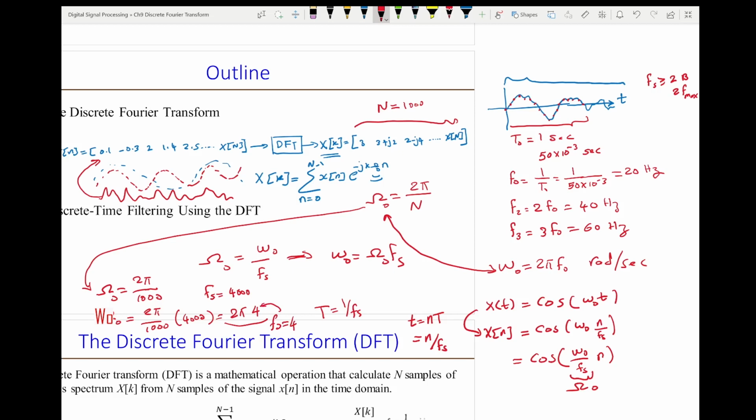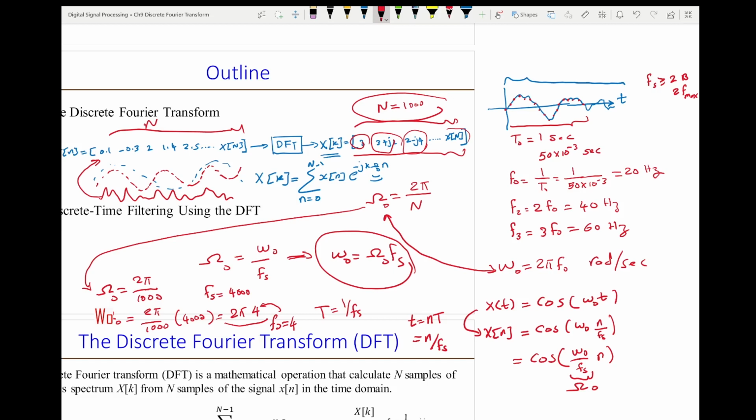So keep in mind this relationship, very important, because the discrete Fourier transform takes N data points and gives you another N data points. It's your task to interpret. That's the DC. This is the first harmonic omega 0. This is the second harmonic 2 omega 0, and up to N omega 0.